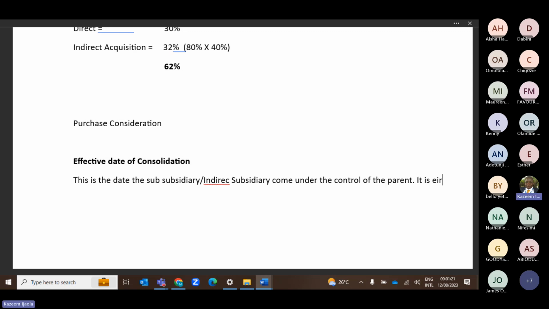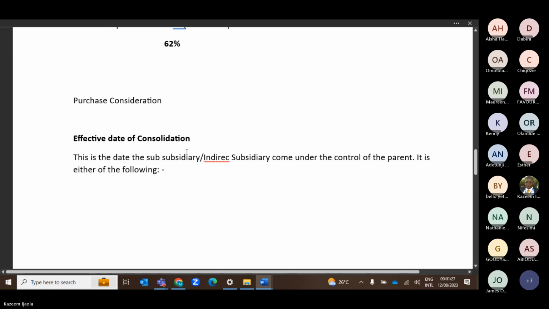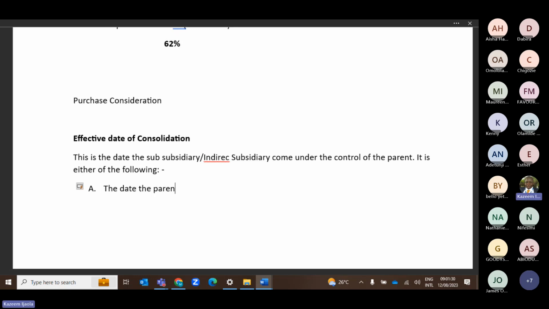It is either of the following: the date the parent acquires interest in the subsidiary, if the subsidiary already owned investment in the sub-subsidiary.